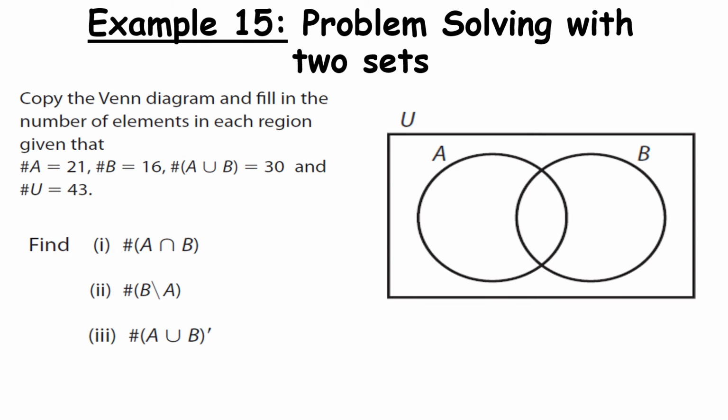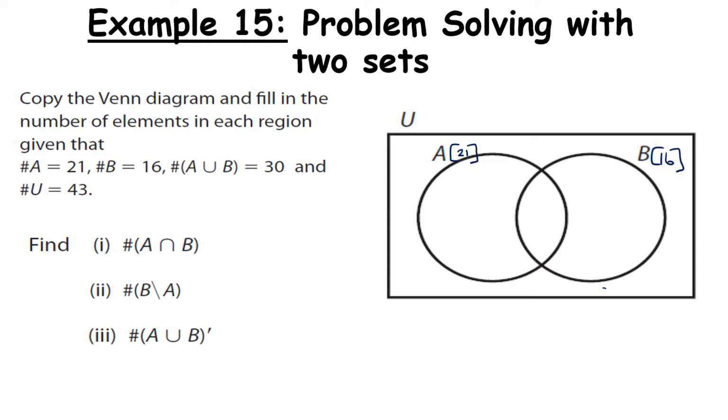So now let's look at problem solving, but here they've given it in a slightly different way. They've given it as the cardinal numbers. So fill in the number of elements in each of the regions. So remember, first place we go is intersection. But there is an issue. We weren't given the intersection. We need to work that out. Okay, so the first thing I'm going to do is, well, A has 21, B has 16.